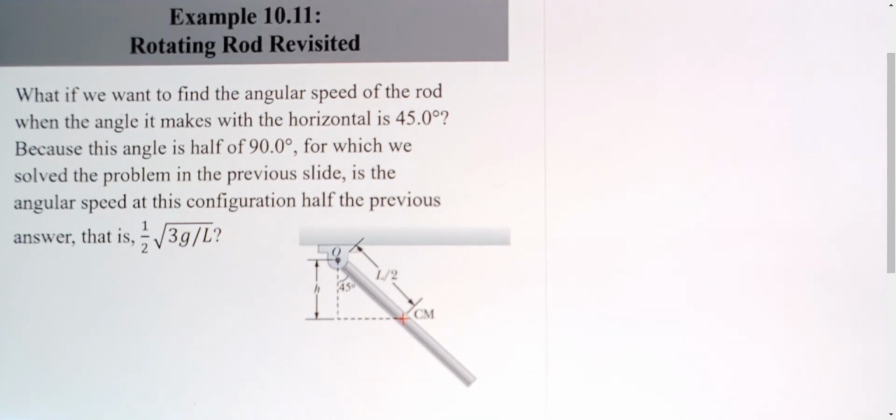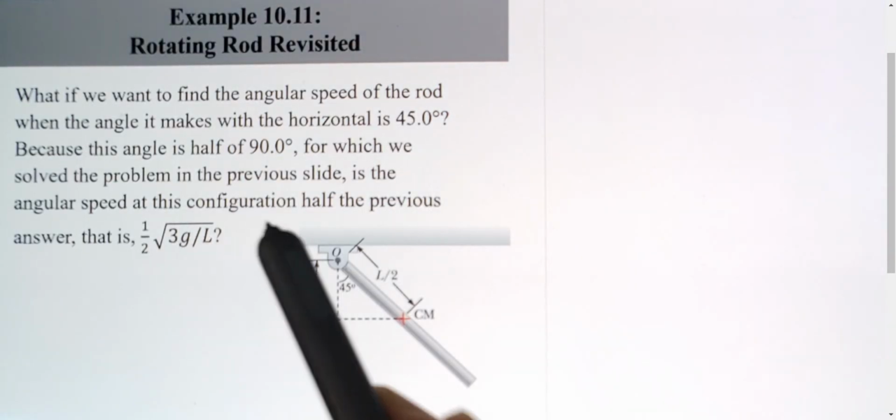What if we want to find the angular speed of the rod when the angle it makes with the horizontal is 45 degrees, because this angle is half of the 90, for which we solved the problem in the previous slide? Is the angular speed at this configuration half the previous answer, that is 1/2 the square root of 3g over L?